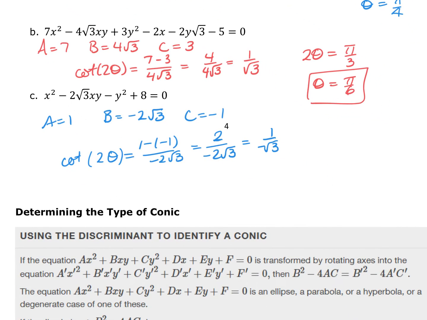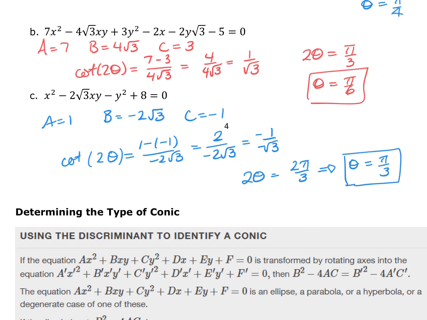Now, there's a negative there. We know that the inverse cotangent is in quadrant 1 and 2, so I look in quadrant 2, in which my cotangent is negative 1 over the square root of 3. Well, this happens when my angle, 2 theta, is equal to 2 pi over 3. And so my angle of rotation, theta, is pi over 3.